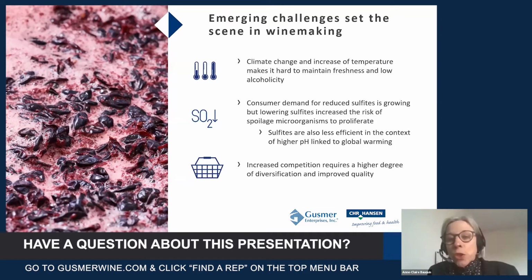Then the SO2. Consumers' demand for reduced sulfites is very significant in most wine markets. But reducing sulfites is obviously challenging because you need to take care of the risk of too high oxygen and spoilage microorganisms that may proliferate.